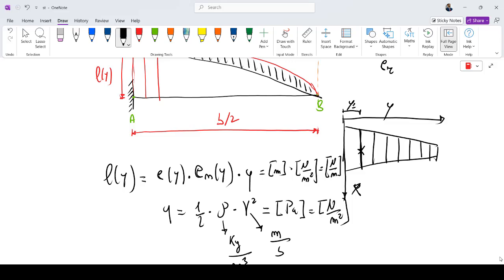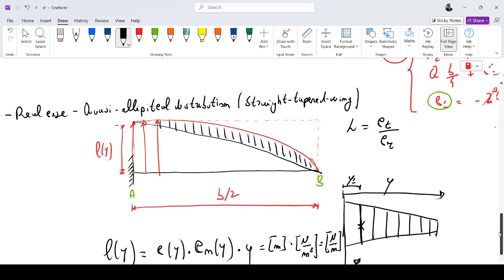In Italian we say semi-ala, but in English it is half wing. And we know the distribution of the span loading that is depicted in red in this drawing. This is the Ly.